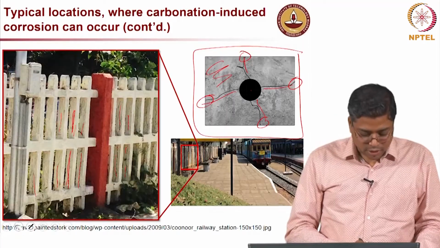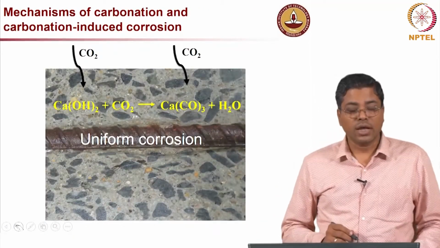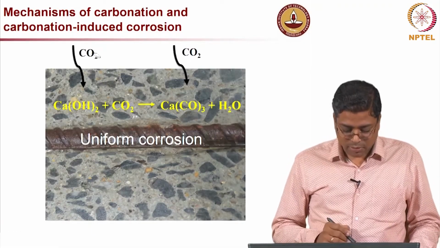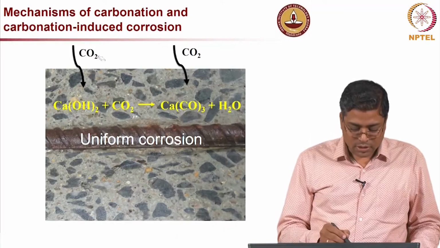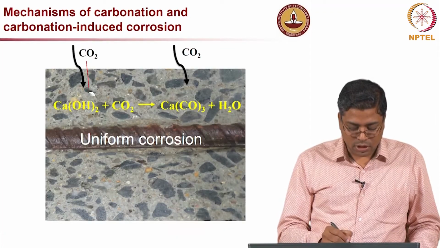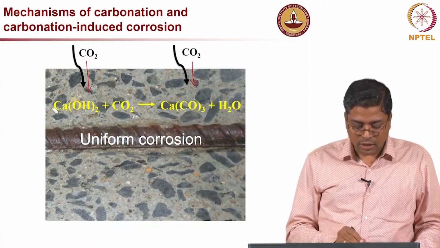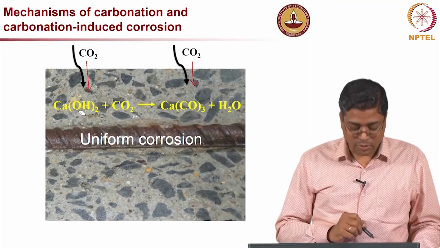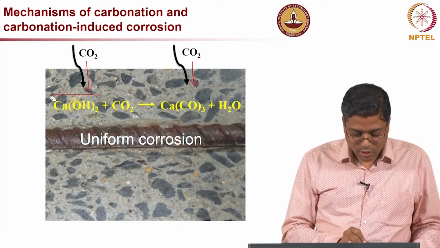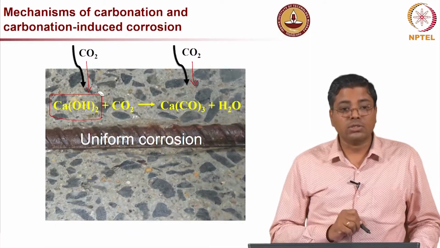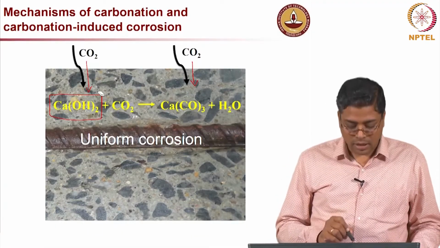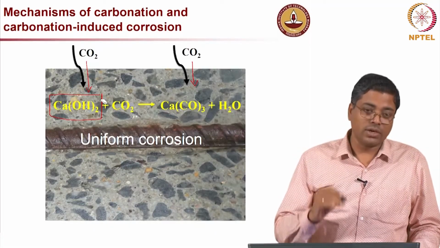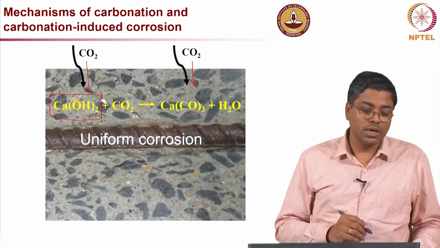Okay, let us now look at the mechanism of carbonation and carbonation induced corrosion. I already explained this, but let me explain once more. As you see here, the CO2 can penetrate into the concrete and react with the calcium hydroxide present in the concrete. In this reaction the calcium hydroxide gets consumed, and if the consumption is too much, it will eventually reduce the pH of the concrete.